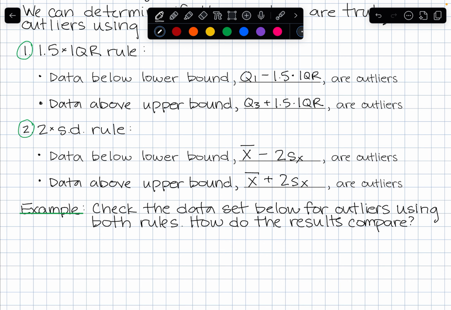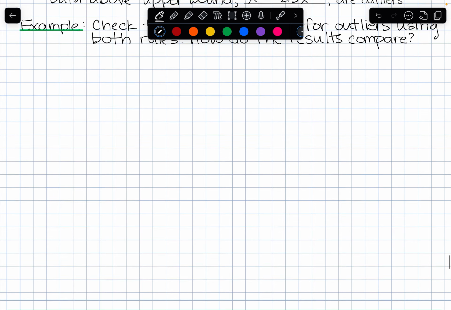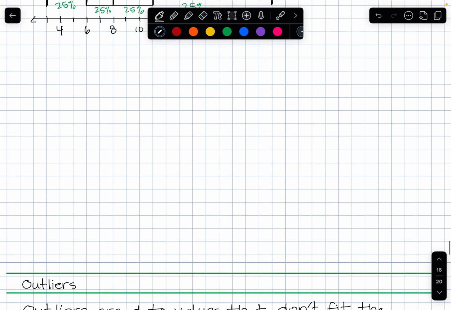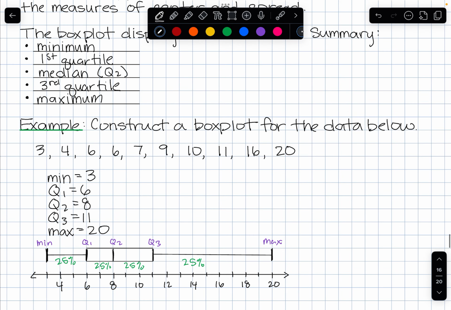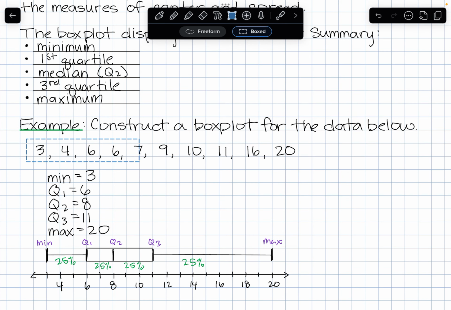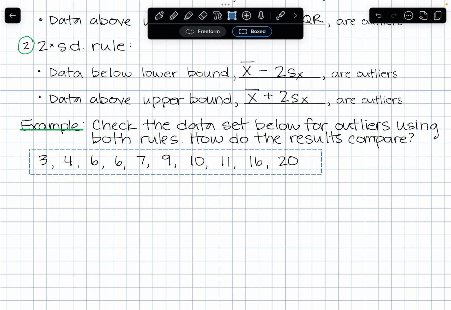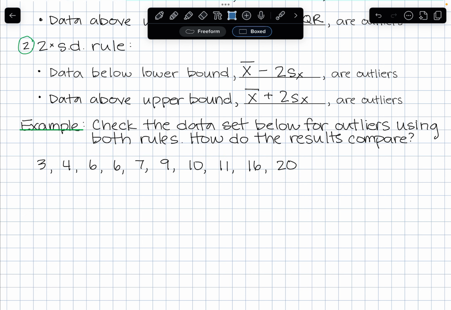So we're going to go ahead and check a data set for outliers, and you can see I forgot to copy the data set. So we're going to go back up and bring our data set from the last example down. So we'll work with this data set.